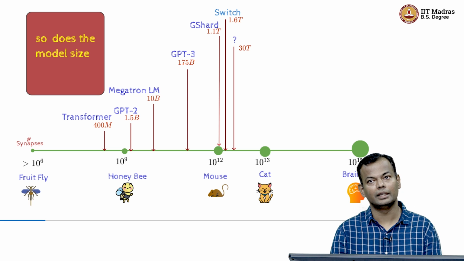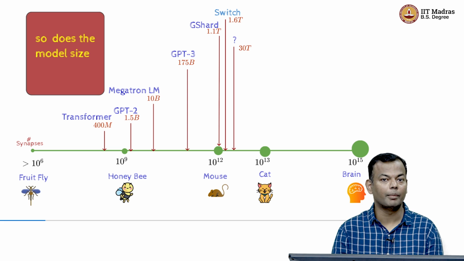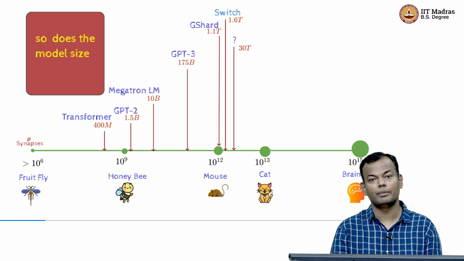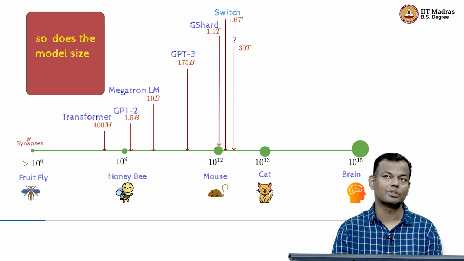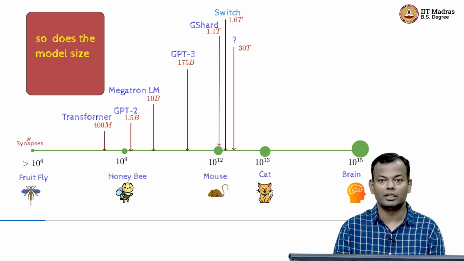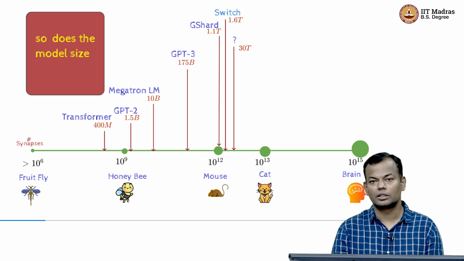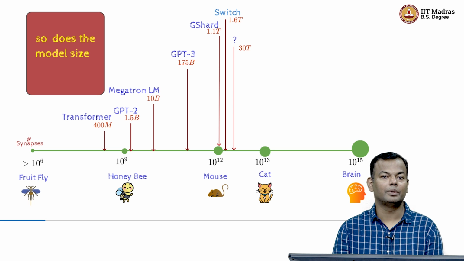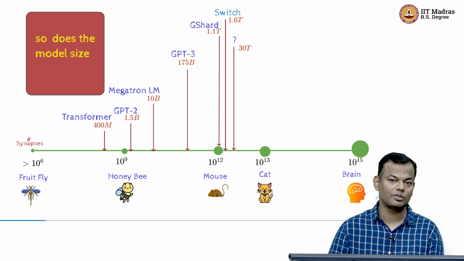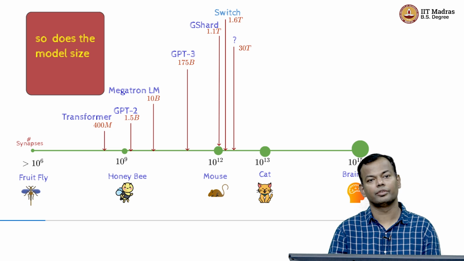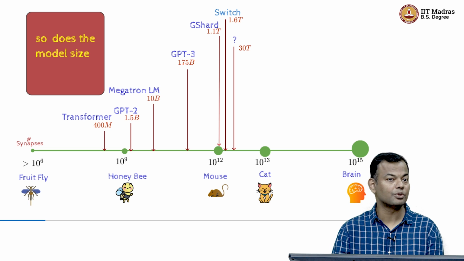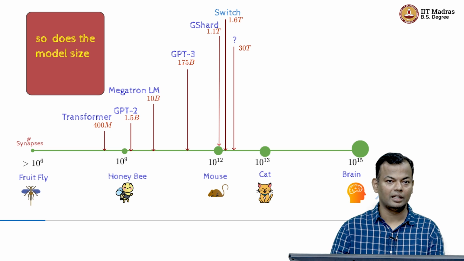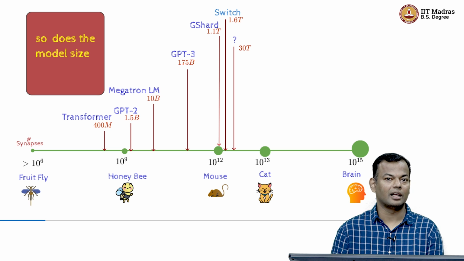So recently, around a couple of months back, the Llama 405 billion parameter model was released, right? And it was trained on roughly 15 trillion tokens, and it gives very good results on multiple tasks that it has been tested on. So scaling the amount of data, scaling the amount of parameters in a model seems to give very good results. And these are what are known as, as I said, large language models.